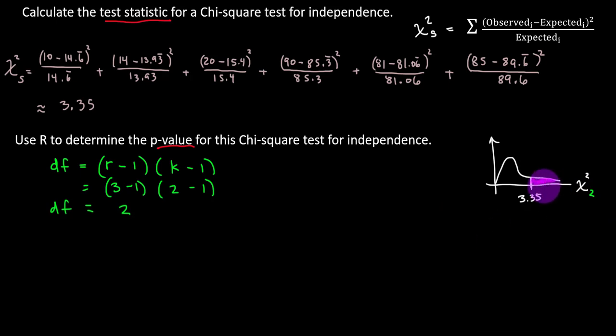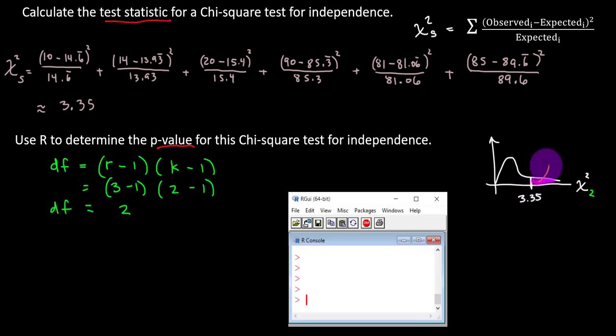We want to find this probability, that is our p-value. In R, we are seeking a probability for the chi-square distribution. We need pchisq, our chi-squared test statistic value, about 3.35, comma, degrees of freedom is 2.